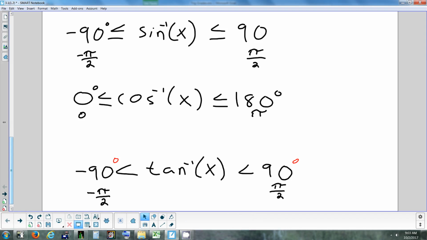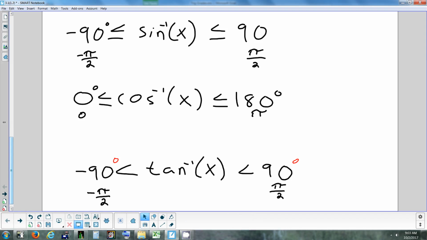So other than my mistake, does anybody see something else that's different, Ryan? For sine, it can be equal to negative 90 and 90. And for tangent, it's either more than negative 90 or less than 90. Right, it will never actually equal negative 90 or 90 with inverse tangent.